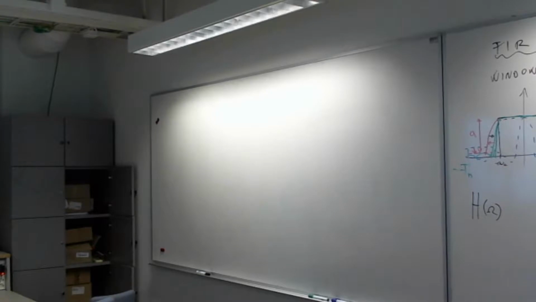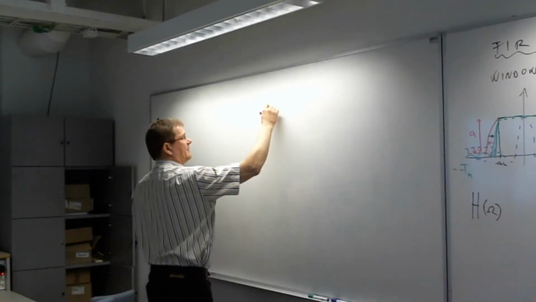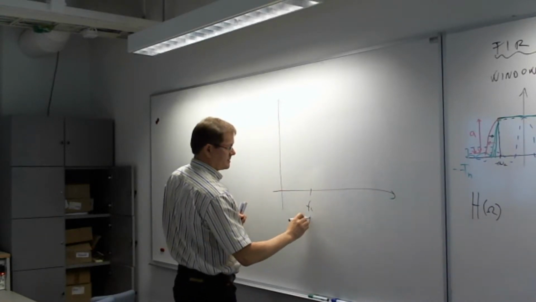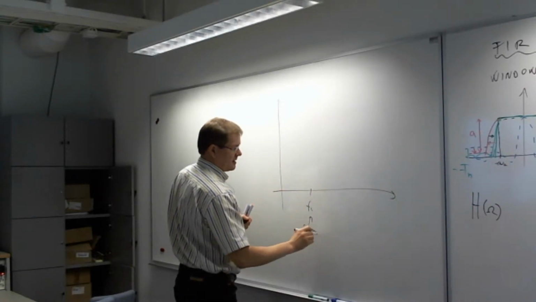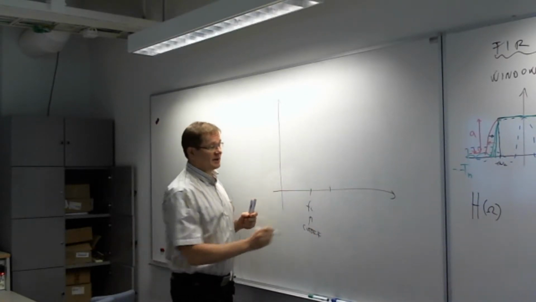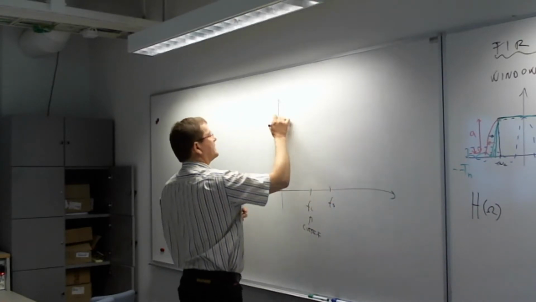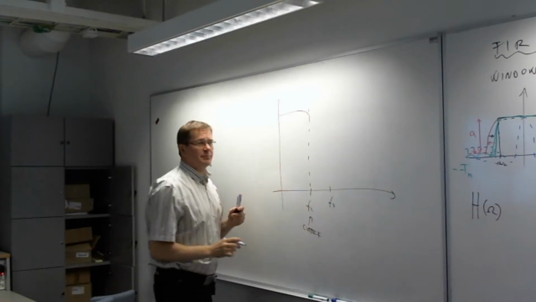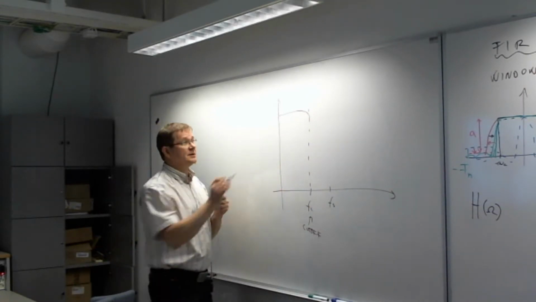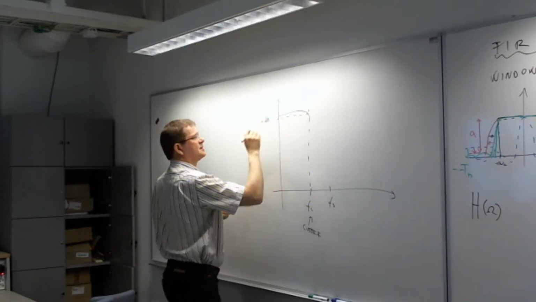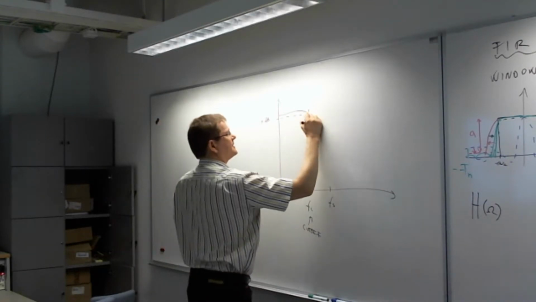And just to remind you about the filter properties overall, if we have a low pass filter, it has a cutoff frequency. Then it has a stop band start frequency. The cutoff frequency is usually either the minus 3 dB point or some other x dB point of the filter.